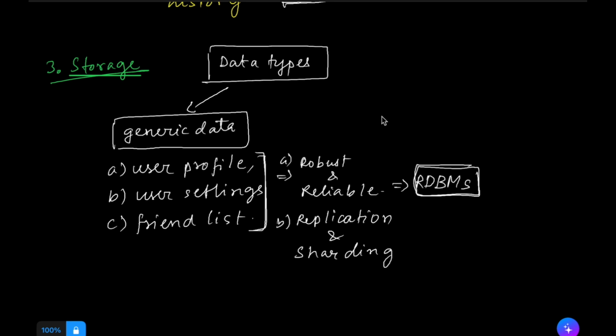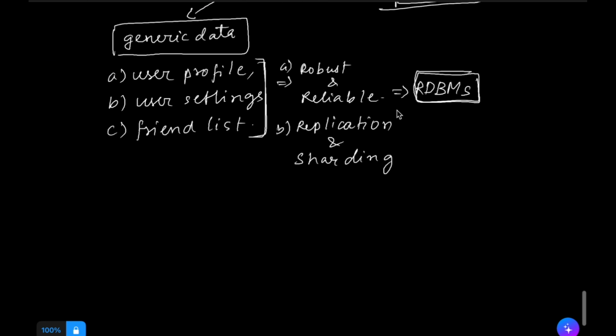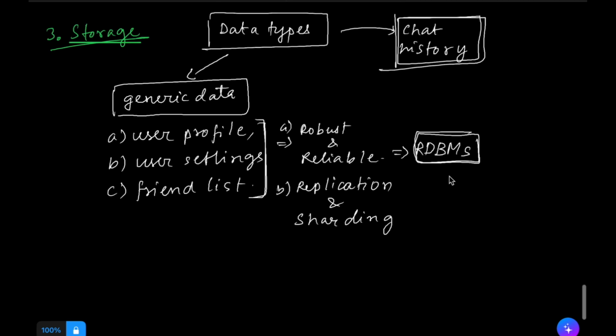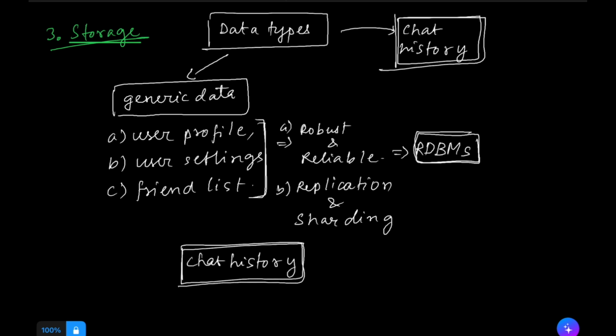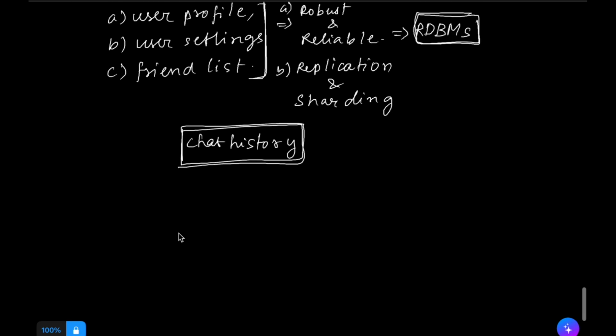Another kind of data we have is the chat history, which we just discussed, using a key value store. This is the chat history between two users or within a group. A lot of factors work behind deciding which kind of database to use. One is the read-write pattern.